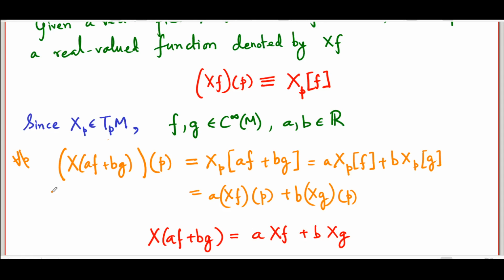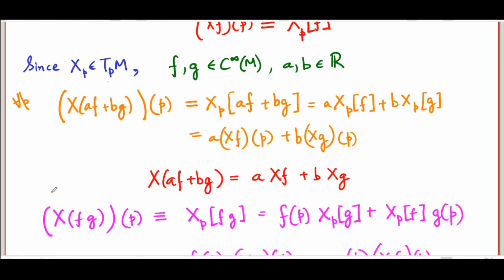An even more interesting property of the action of a vector field on functions comes from its action on a product of two functions. X acting on fg at the point p. This, of course, is a function within this bracket here, and that acts on this point p. But once again, by definition, this is nothing but Xp, the tangent vector acting on the product function fg.